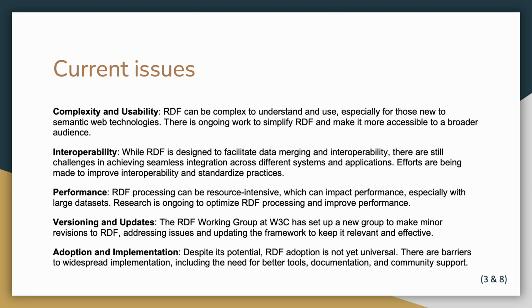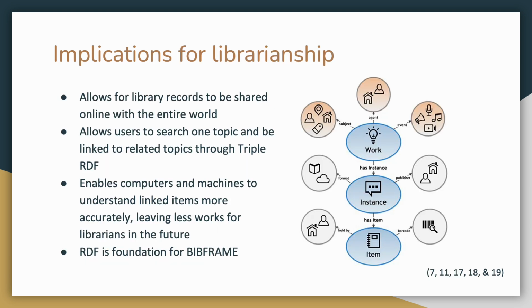So because of this, RDF adoption is not universal yet, and there have been some barriers to widespread implementation, including the need for better tools, better documentation, and more community support.